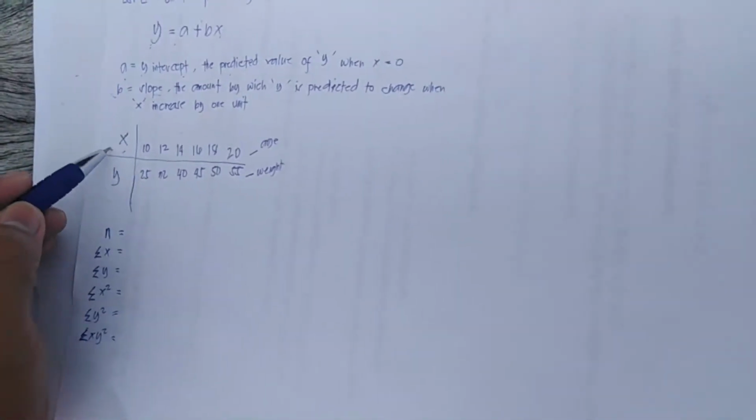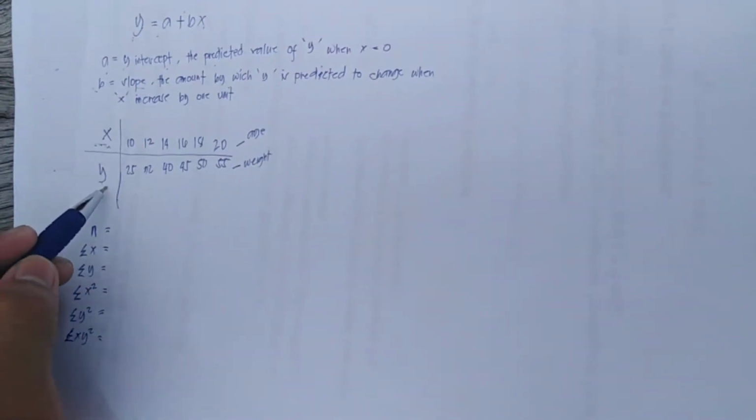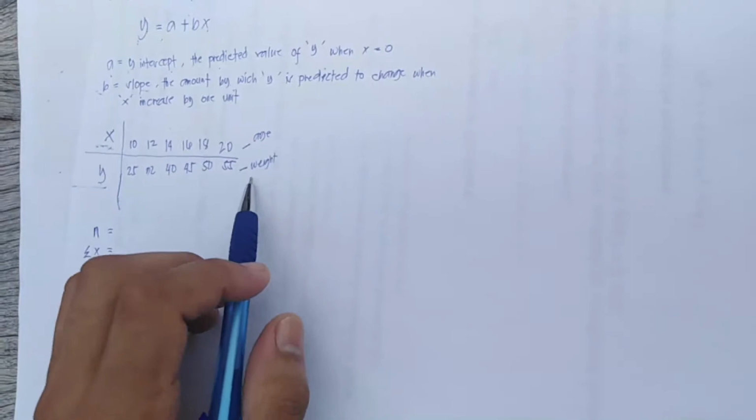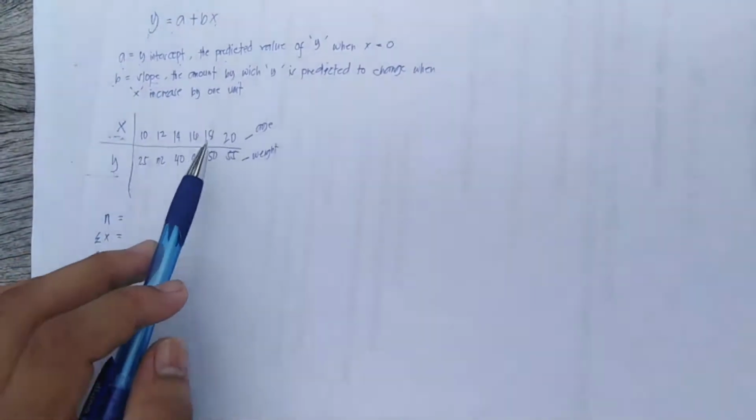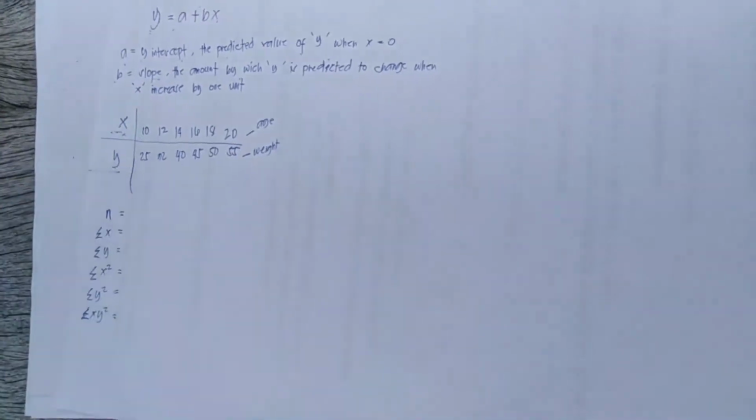For example, ang x, ipalagay natin ito ang edad o age, at ang y, ang timbang o weight. So meron tayong mga nakalap dito na impormasyon na gagamitin natin sa ating example.